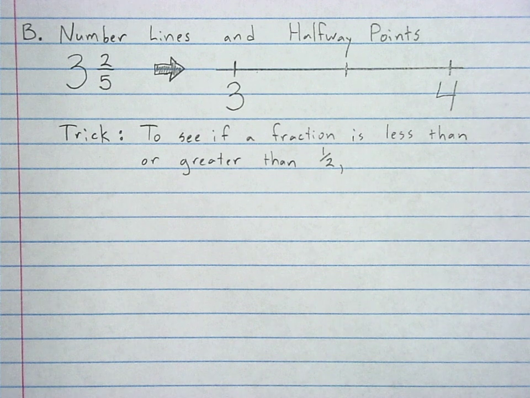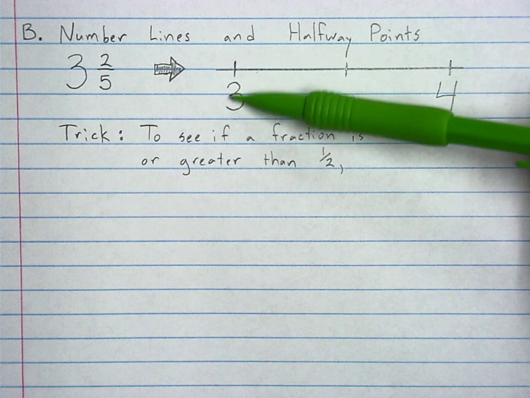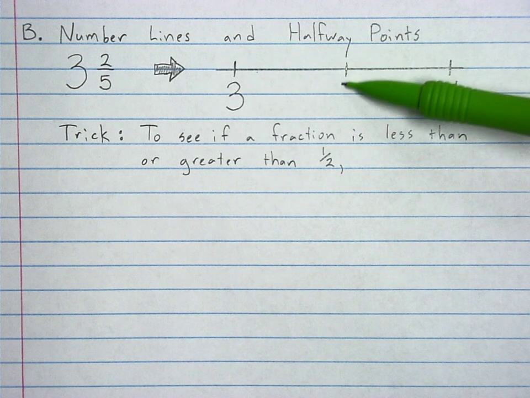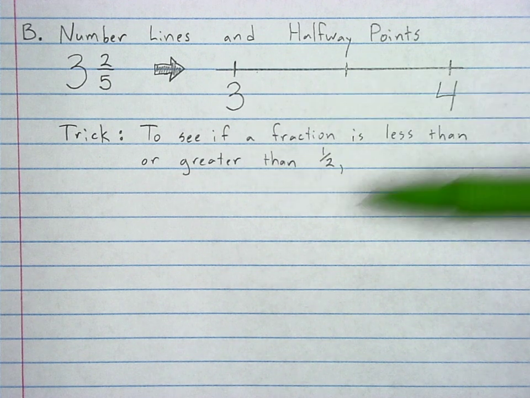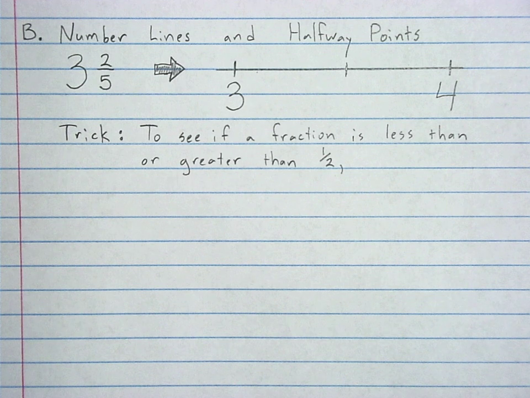And again, that's what I'm trying to figure out. I'll be able to estimate and say, is it closer to 3 or closer to 4, once I know where it is compared to the halfway point. And I could try to change 1/2 so that it has the same denominator as 5, and I'll show you how to do that in class, but this trick I think is a lot faster if it makes sense.